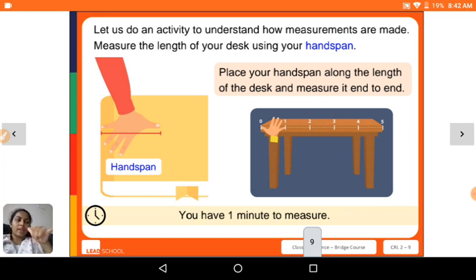This is a handspan, and you can measure any object this way. So try to measure any object or any desk you have, or a sofa or anything, or a board. Measure it.